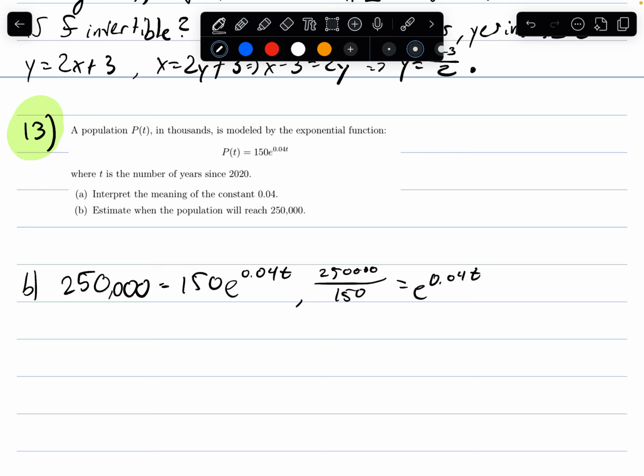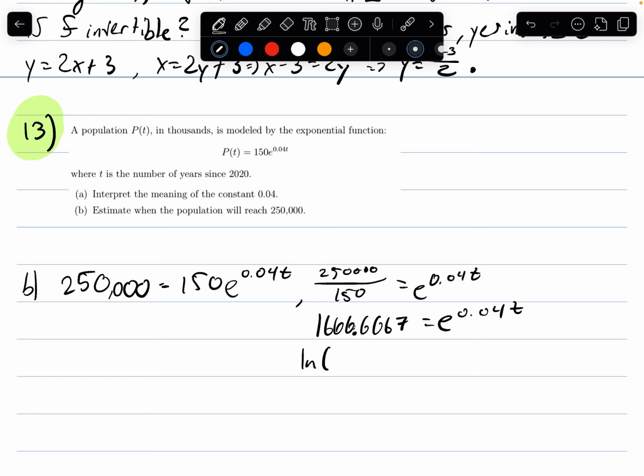And then I'll use my calculator real quick. 250,000 divided by 150 is approximately 1,666.6667, which equals e to the 0.04t. I have an e here, so I need to take the natural log to get rid of that.